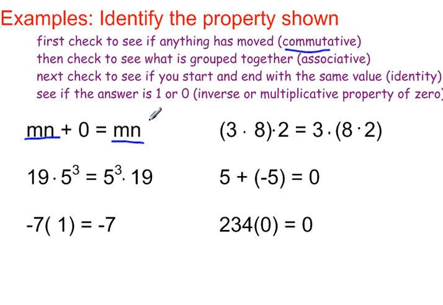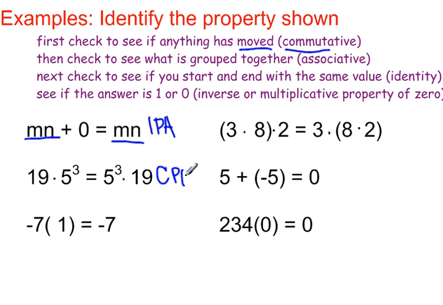So this is going to be identity property of, is this addition or multiplication? It's addition. Identity property of addition. I'm going to look at this next problem. 19 times 5 to the third. On this side, 5 to the third times 19. Well, something moved, which means that this is commutative property of, is this adding or multiplying?